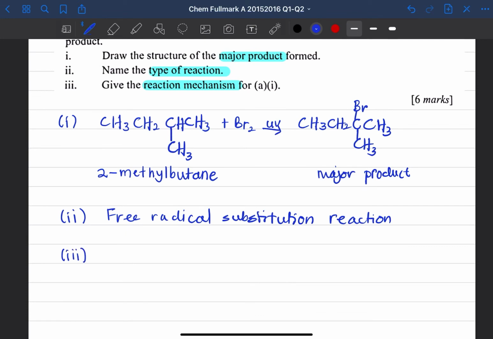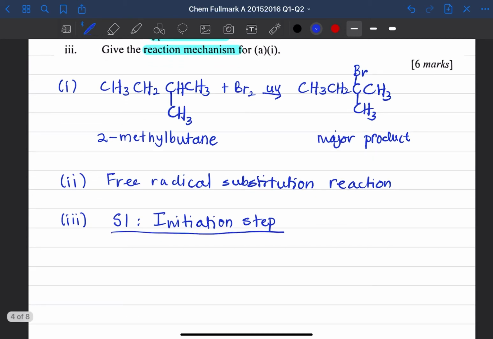A free radical substitution reaction has 3 steps. Step 1 we call the initiation step. What do we have in this step? We write down the molecule of bromine, and then we must show the presence of UV light.